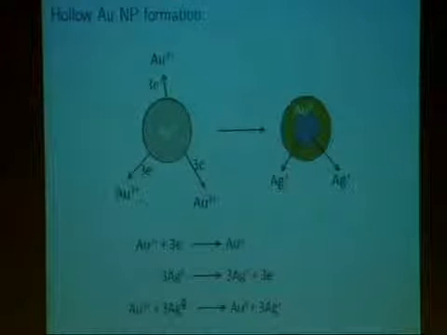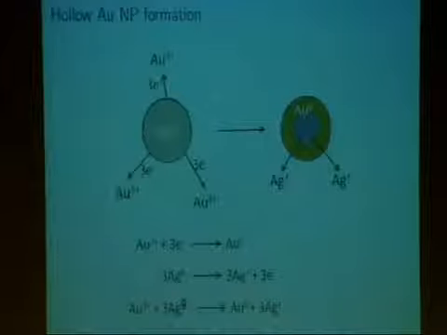Chloroauric acid donates gold 3 cations to the solution, and these gold 3 cations are reduced by the silver nanospheres, giving a shell of elemental gold, while the silver is in turn oxidized and dissolves away into solution. So you get these nice hollow gold nanostructures that are porous.